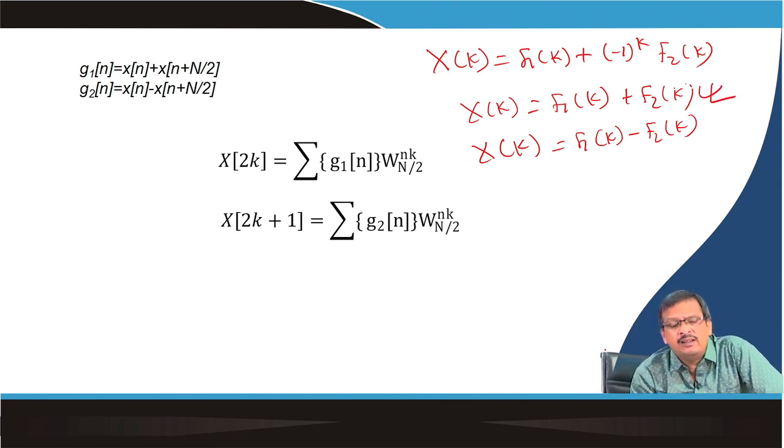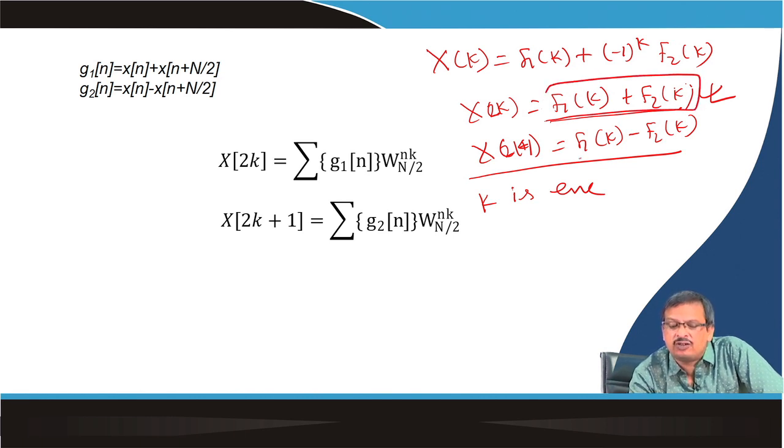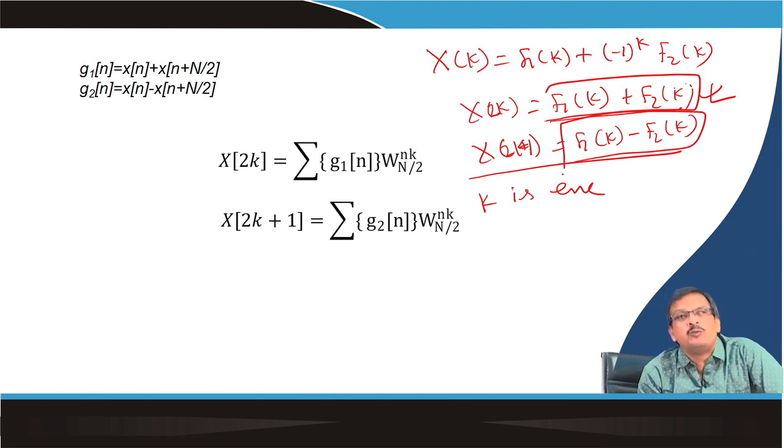So, when this will be plus, when k is even. If I say x(2k), in that case it will be positive. If I say x(2k plus 1) for odd, if k is even, then it is f1(k) plus f2(k). If k is odd, then it is f1(k) minus f2(k).